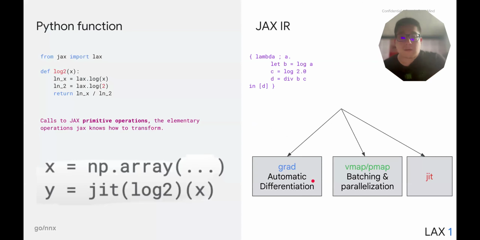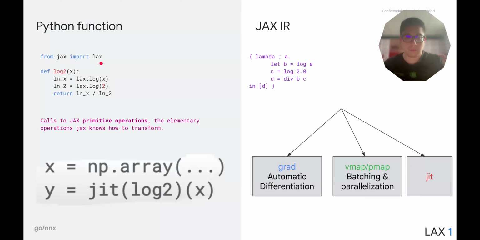Let us see a specific example. Here we have import jax, and these primitives are the one-to-one mapping of the operations that happen in Python to the XLA backend.